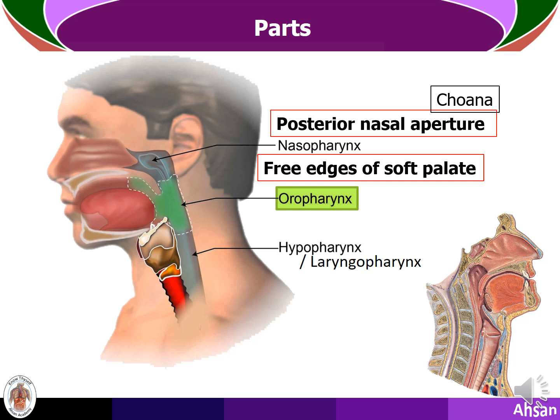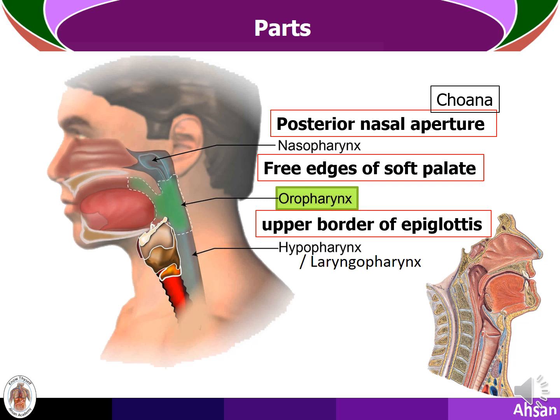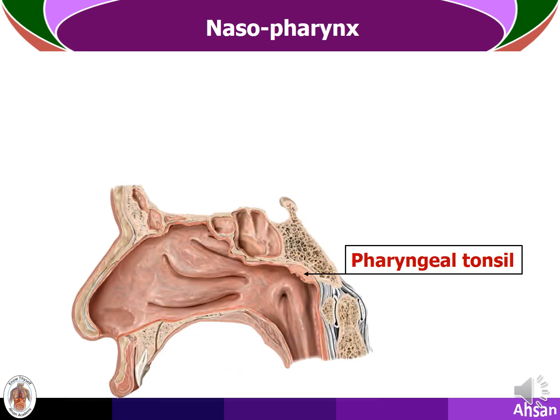From the free edge of the soft palate, the oropharynx runs and extends up to the upper border of the epiglottis. From the upper border of the epiglottis, the laryngopharynx starts and lies behind the larynx, and becomes continuous with the esophagus at the level of the lower border of the cricoid cartilage, which is at the lower border of the 6th cervical vertebra.